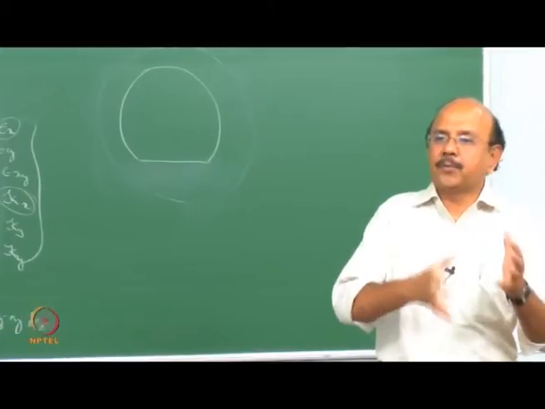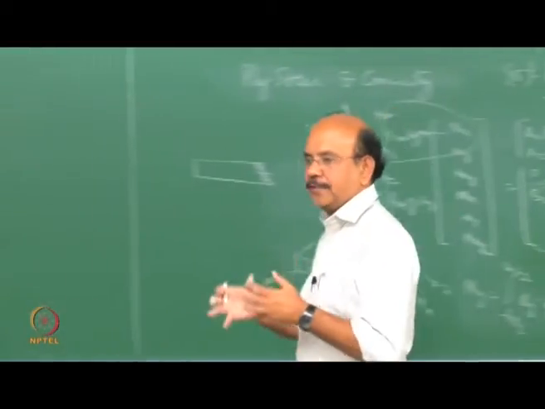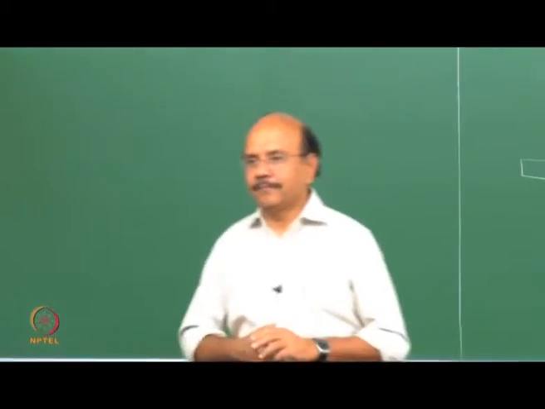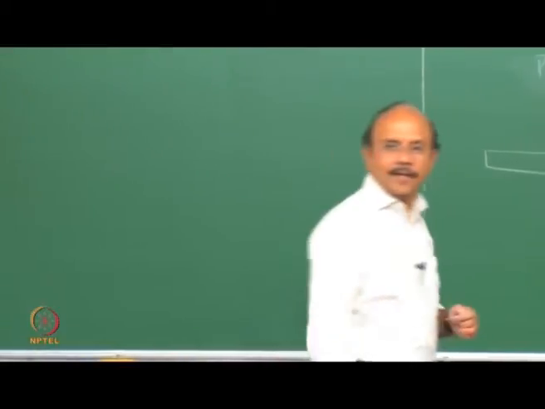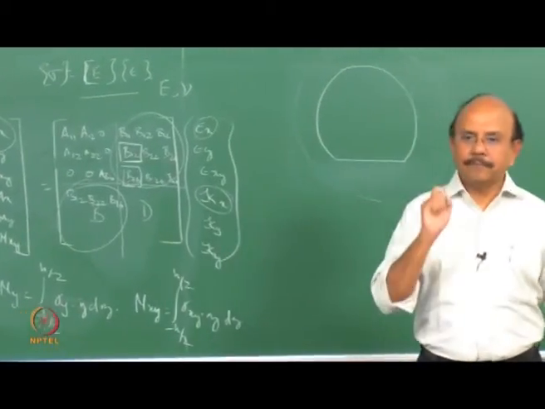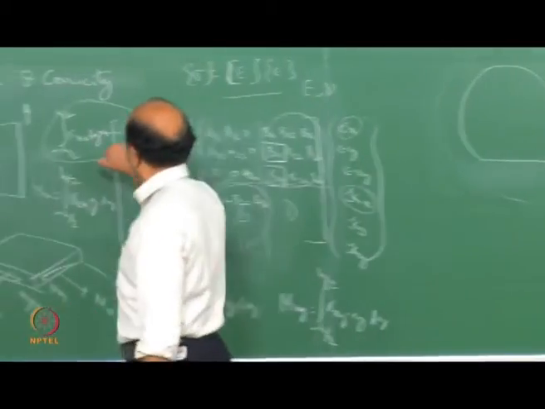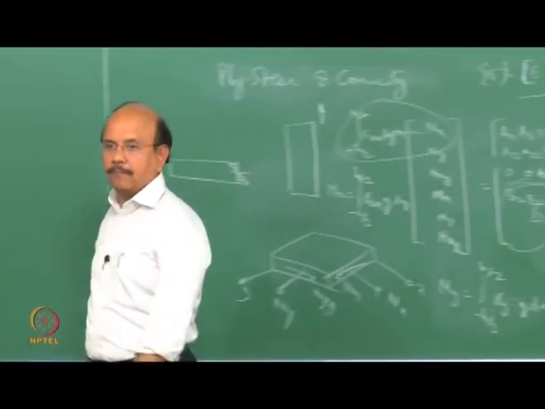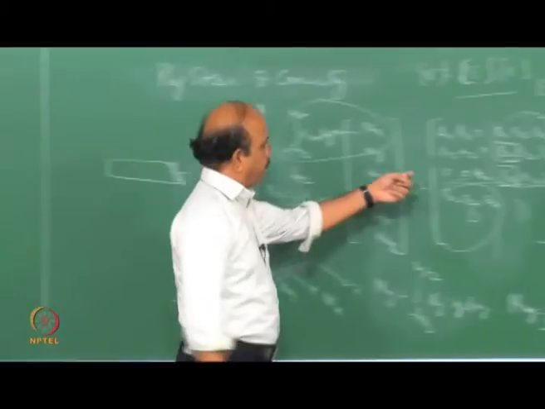So tau xy is equal to G into gamma xy. Go back to your earlier class on mechanics of materials. All right? So, obviously, the shear term does not have any effect on the force term. Vice versa.